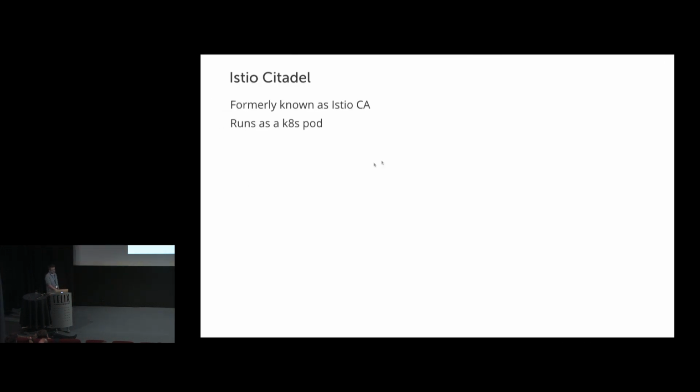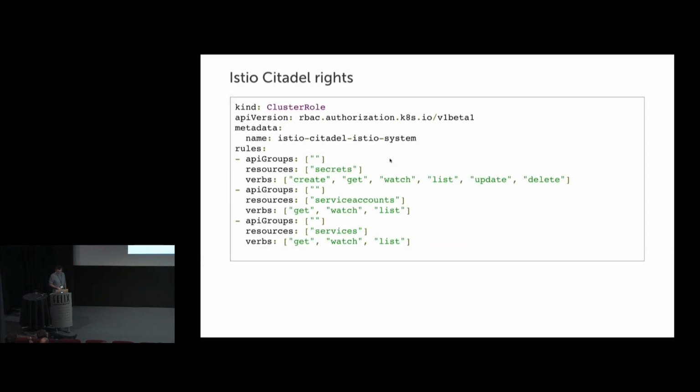So the Citadel runs as a Kubernetes pod. It sits in the Istio namespace, but it has some rights into all namespaces in the system. It has a CA certificate. If you don't provide one to it, it's going to create a self-signed one. But if you have an existing PKI, you can, for instance, issue an intermediate CA and plug that in and have it use that one instead.